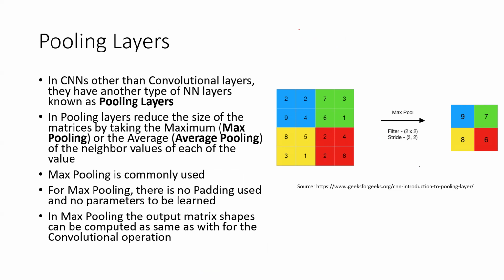Sometimes there can be fully connected layers, generally at the end of the convolutional neural network. There can be softmax layers, and there can be another type of layers known as pooling layers, right? So when you want to reduce the size of a matrix, right?